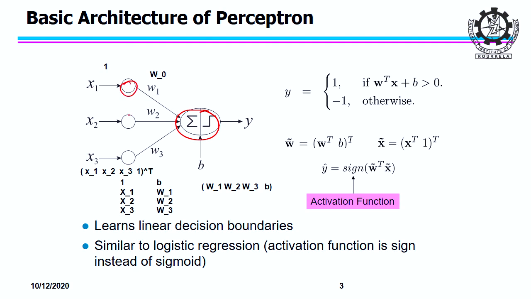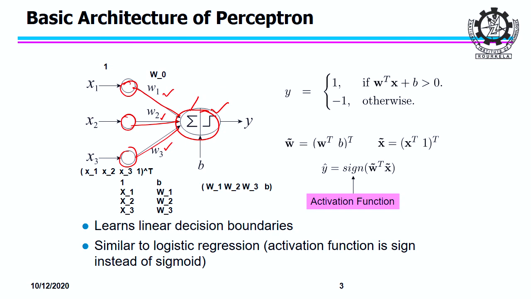We have a few nodes and a link from each. For each link we have some weight, let us say W1, W2 and W3. Essentially that processing unit performs two operations, one is summation, another is the sign function. Summation is the weighted sum of the input values x1, x2 and x3.